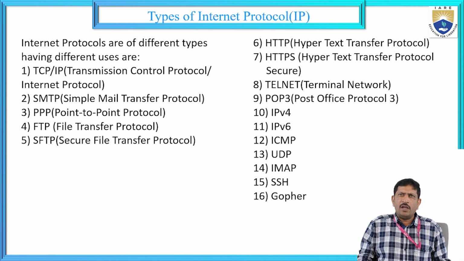IPv6, Internet Protocol version 6. ICMP, UDP, User Datagram Protocol, IMAP, SSH, Gopher protocols. These are all the protocols used over the internet while communicating from one device to another device.